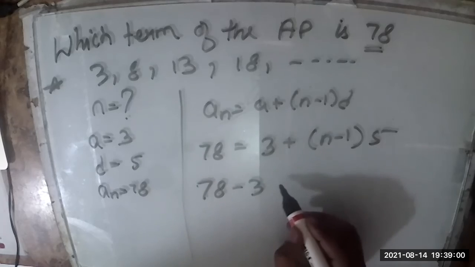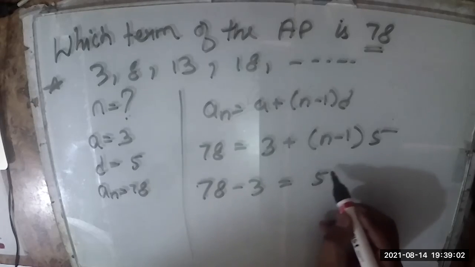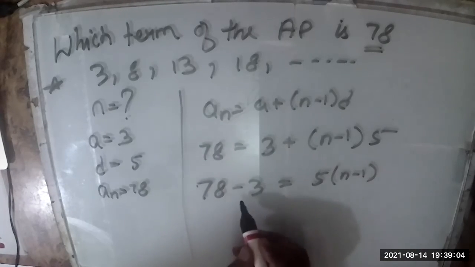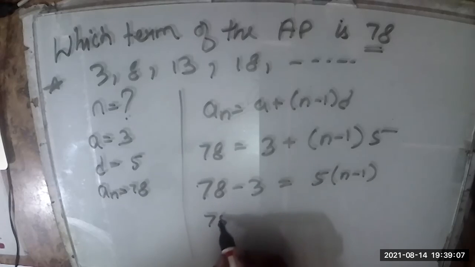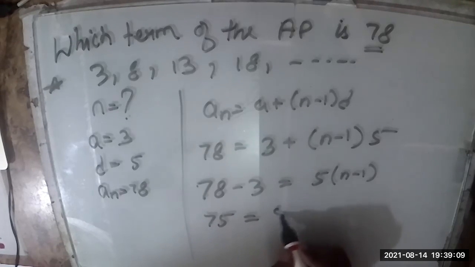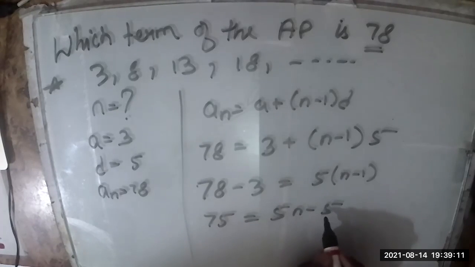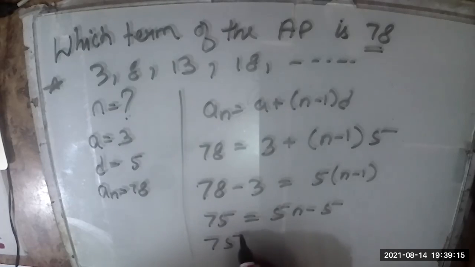78 minus 3 is equal to 5 into n minus 1. 78 minus 3 means 75. 75 is equal to 5n minus 5. Now we'll send the minus 5 to the left hand side. 75 plus 5. When we send numbers from left to right or from right to left, the sign of the numbers changes.